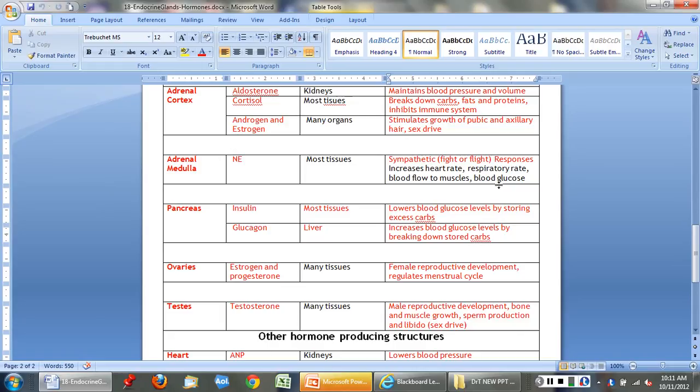Okay? Starch is also made from many monomers of glucose, but animals store their excess glucose as glycogen. Plants store their excess glucose as what? Starch. Yeah, so starch is the same thing, but in plants.